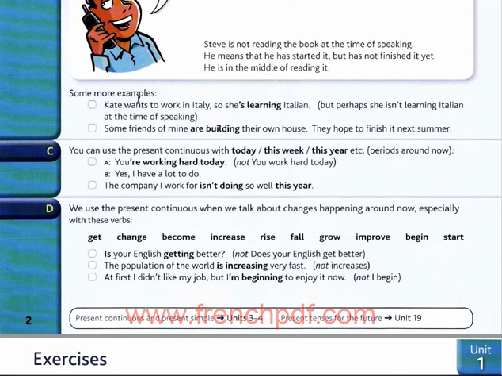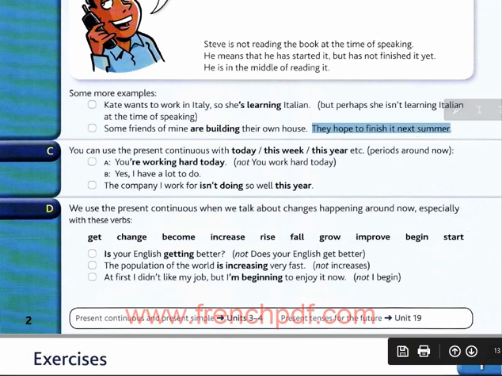So these friends of mine have started building their own house, but they have not finished. They hope to finish it next summer. So this means that the action of building has started, but the action of finishing it has not finished.